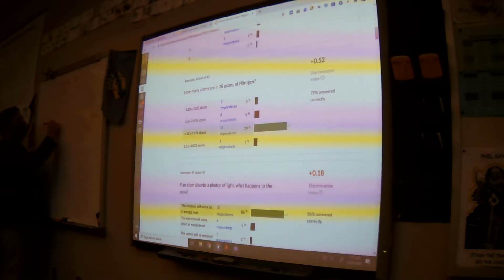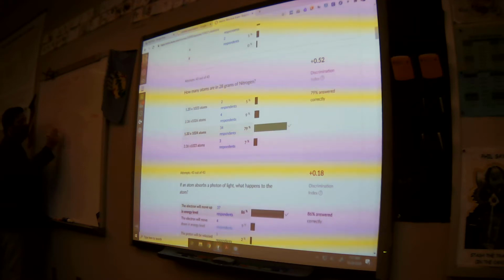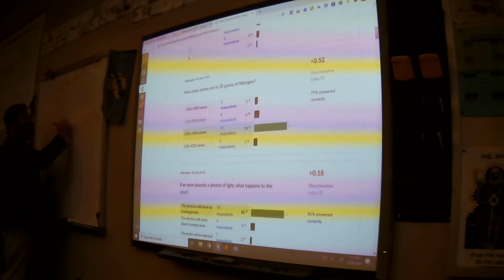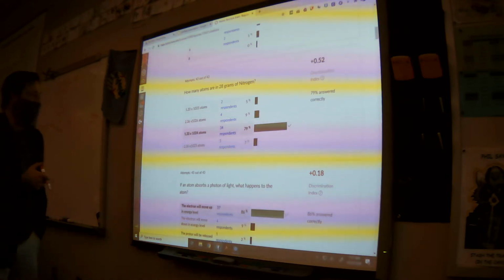Moles. This one has moles, so flip it. Moles are gone. We need to cancel out grams. There's the grams up there. And now we just go through and move on.